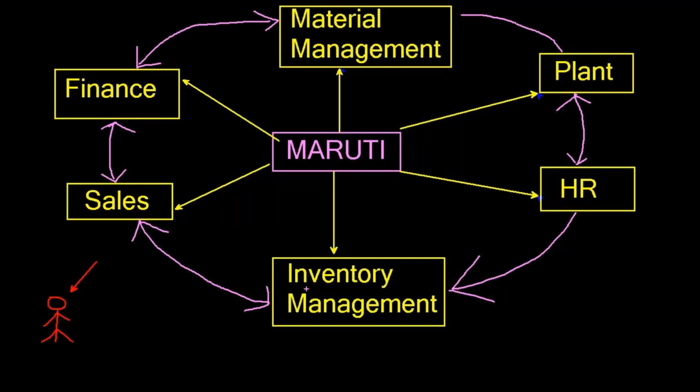To deliver a car to the customer, behind this, all these main departments should work. So that application name is ERP. The ERP application interacts with each department in the organization.